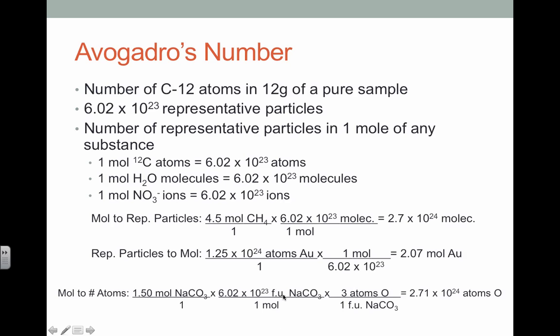FU is short for formula unit. If I stop here, I just have formula units. I want atoms of oxygen. And we see that for every formula unit of sodium carbonate, there are 3 atoms of oxygen. And so our final answer would give us atoms of O. Sometimes we may be interested in a specific element within a molecule, formula unit, or ion. So just something to keep in mind.